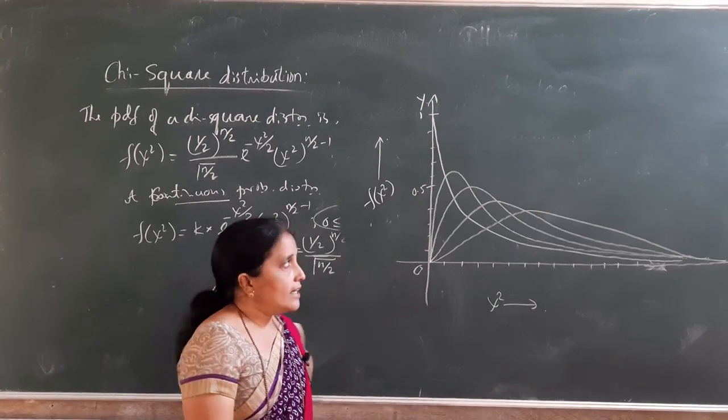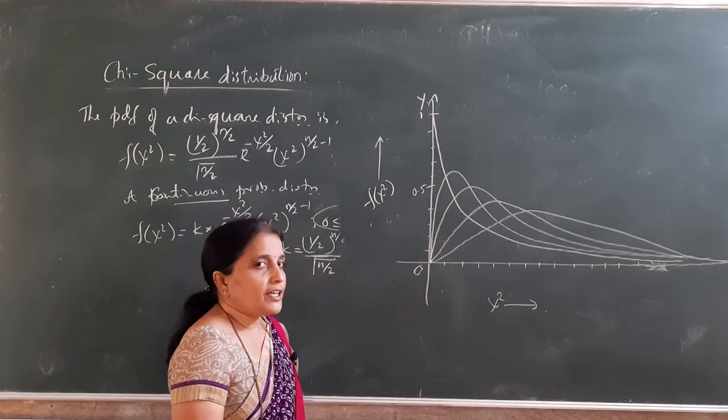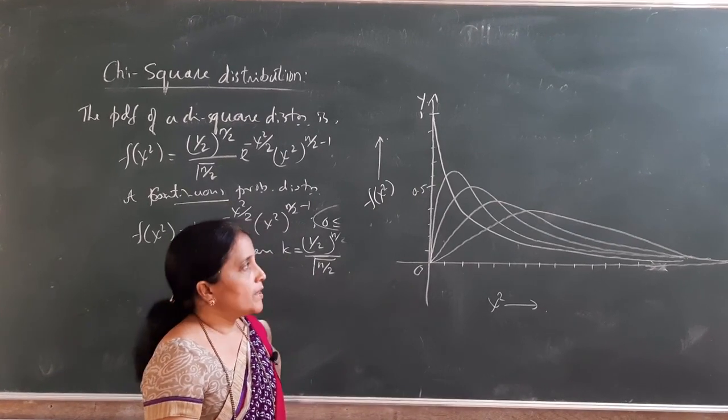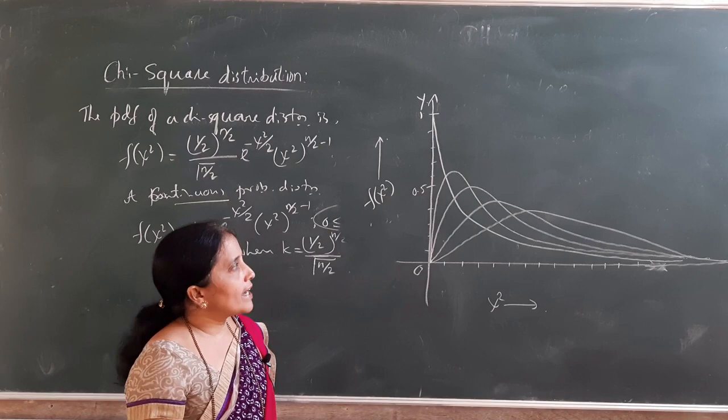For different values of n, that is the degrees of freedom, we will be getting different chi-square curves.